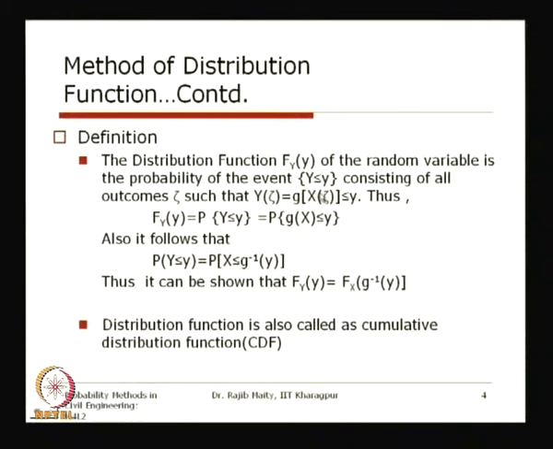This is the fundamental thing of the cumulative distribution function that we discussed earlier. So, if I want to know this F_Y, then I have to find the probability that this is less than or equal to y.